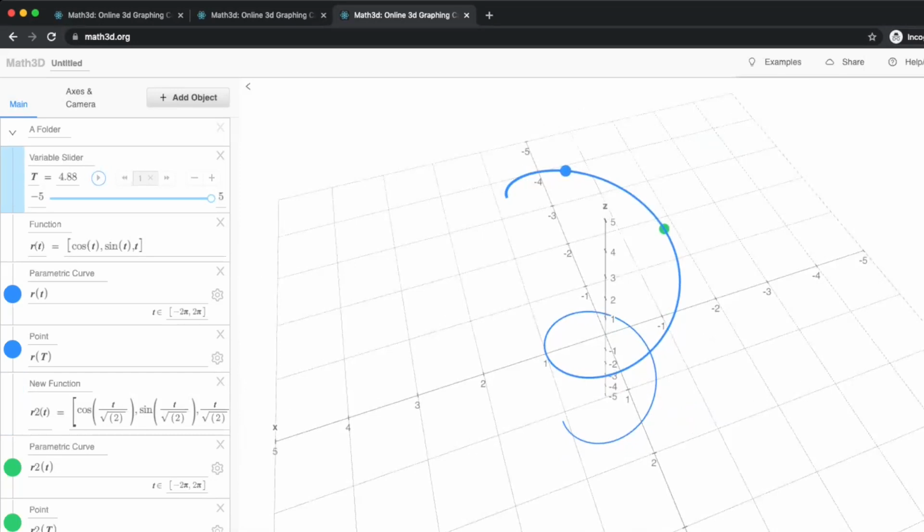Clearly, there's a bend at every point. If we think we're traveling along it in our car, I'm in the blue car versus the green car. The blue car is changing direction more rapidly than the green car is, but part of it is because it's traveling at a faster speed.